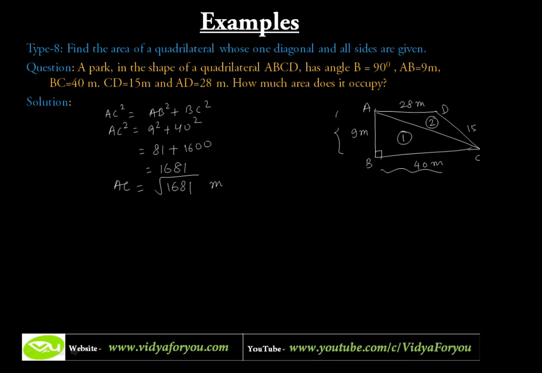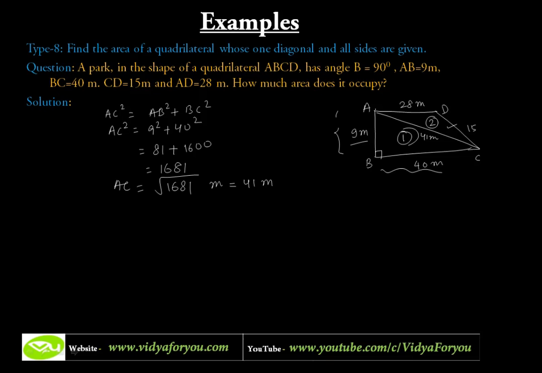This will be the value of diagonal, which is nothing but 41 meter. So we got AC as 41 meter. Now we have two options to find the area of triangle ABC. Either you use half into base into height, since this is a 90 degree right angle triangle, or you can use Heron's formula. Let's use half into base into height for this triangle and Heron's formula for this triangle.